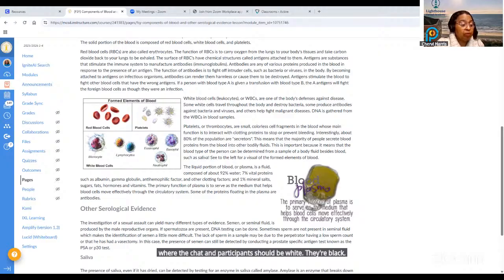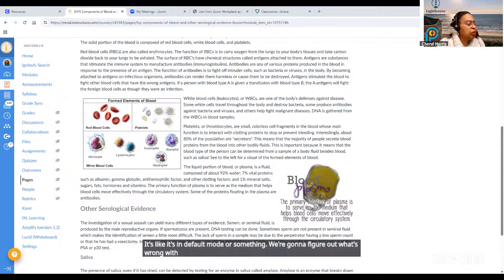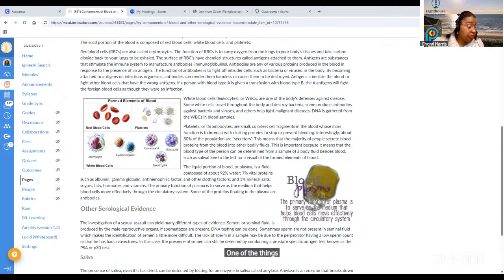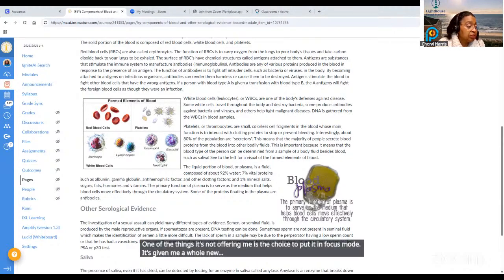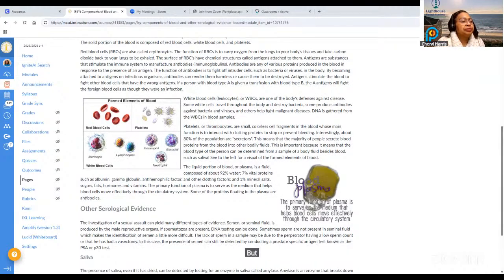It's like it's in default mode or something. But we're going to figure out what's wrong with it and fix it. One of the things it's not offering me is the choice to put it in focus mode. It's giving me a whole new arrangement on my more menu. I have transcripts, captions, record, breakout room. It's almost like I'm not the host, but I am. But we'll see.